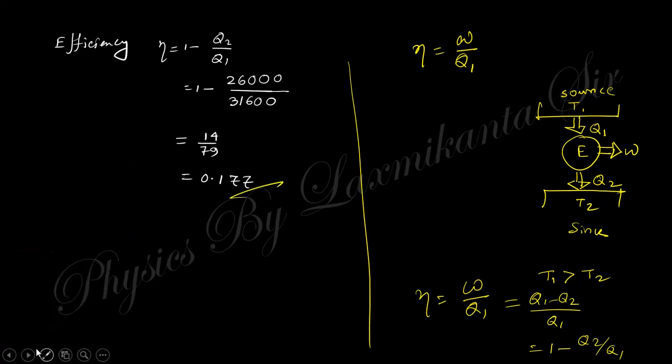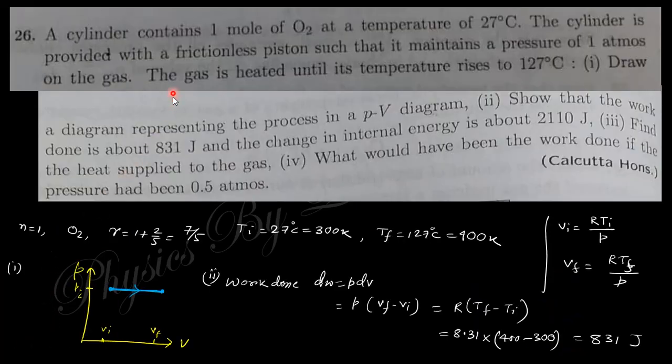Okay, so the next question. A cylinder contains 1 mole of oxygen. So n is 1, oxygen, so gamma for diatomic is 7 by 5. Temperature is 27 degrees centigrade, so this 27 degrees centigrade converted into Kelvin is 300 Kelvin. The cylinder is provided with a frictionless piston such that it maintains a pressure of 1 atmosphere on the gas.